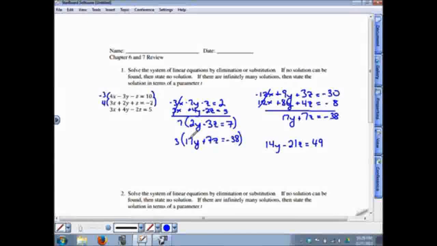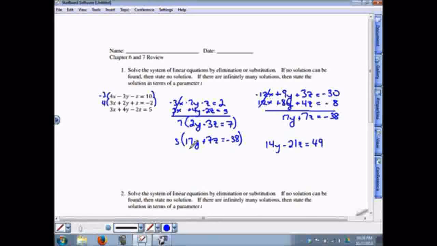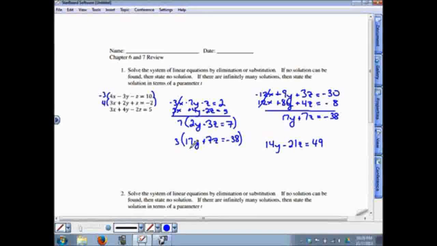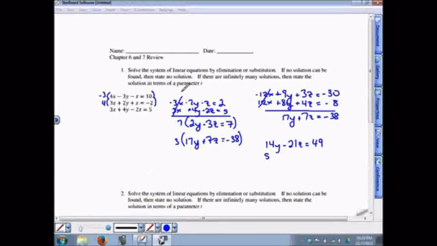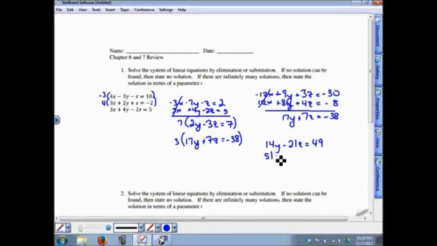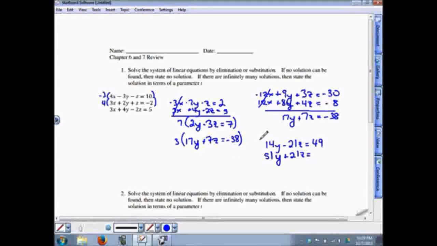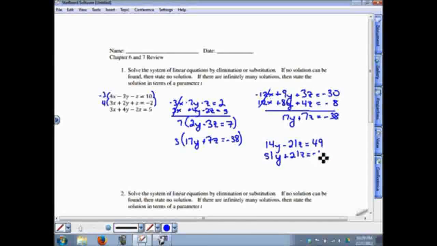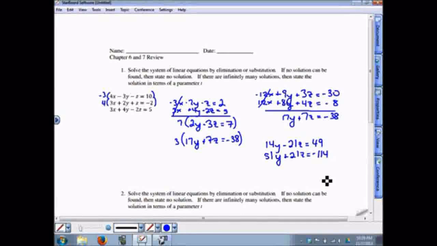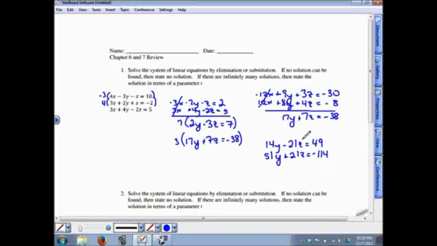3 times 17y is 51y plus 21z, and 3 times -38 is -114.